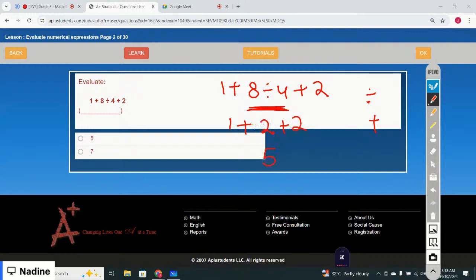You simply have to add. The correct option is option number 1, that is 5.